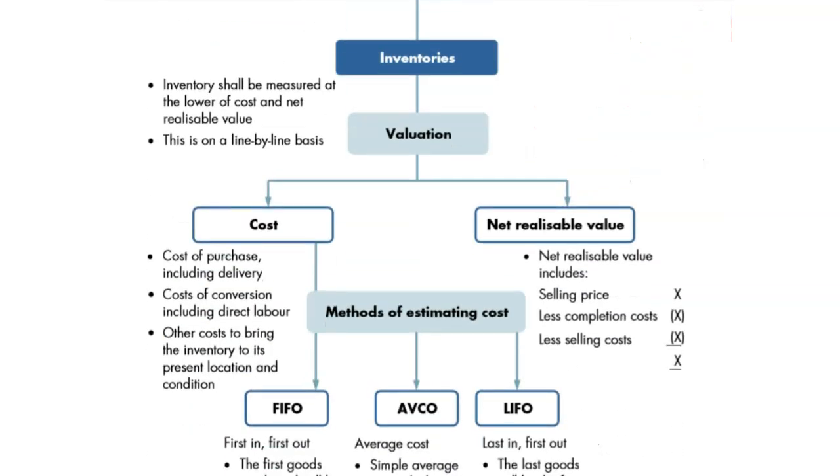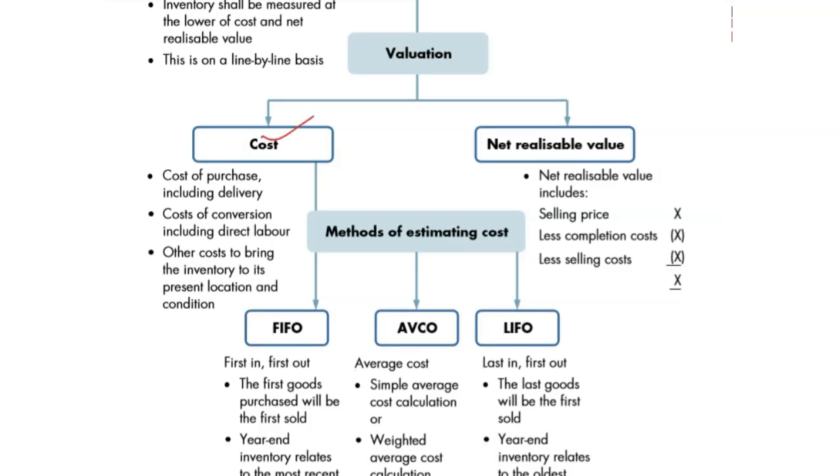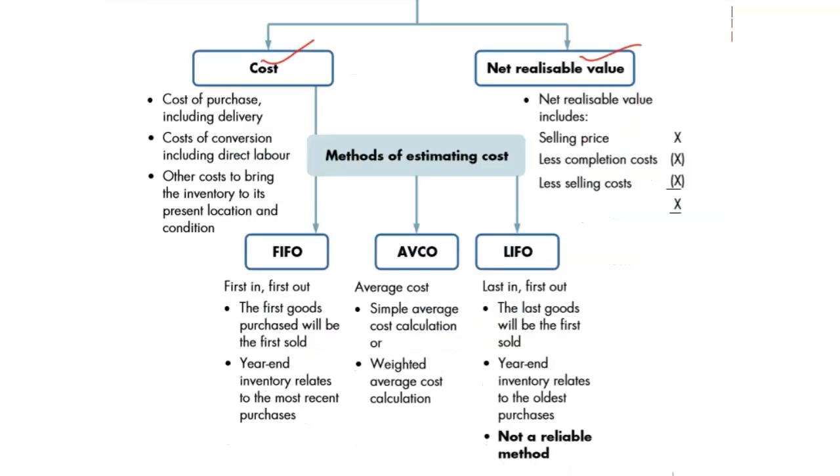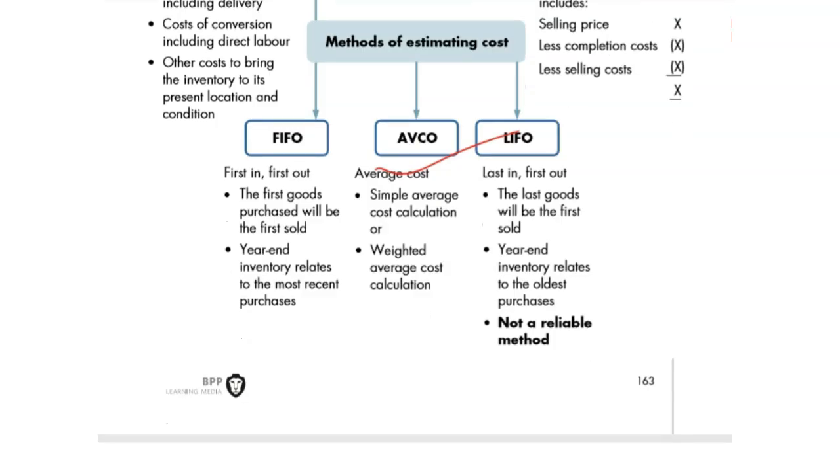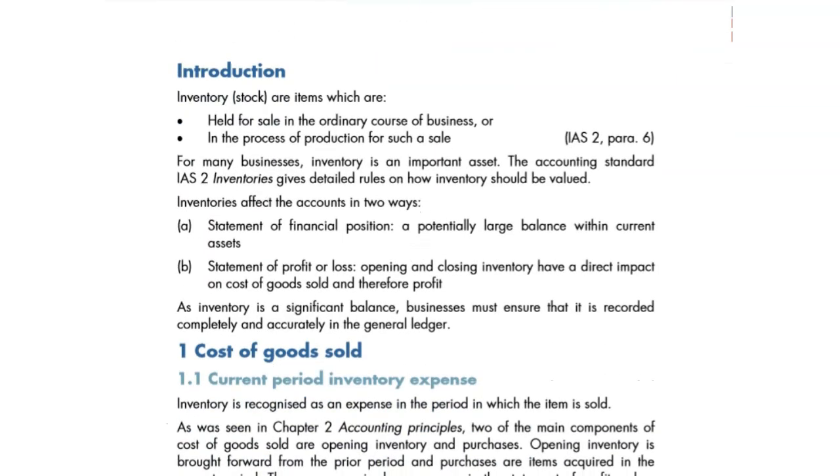There are quite a few things you're going to learn in this particular chapter: cost, valuation, especially cost, net realizable value, FIFO, LIFO a little bit, not much. Inventories are held for sale in the ordinary course of business. In the process of production, we buy raw materials to make products and goods just for selling purposes.